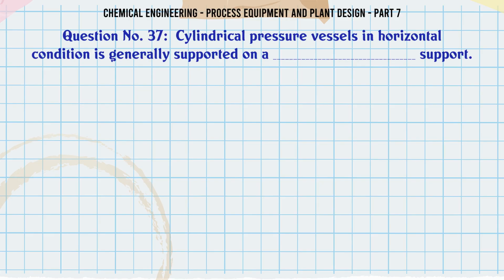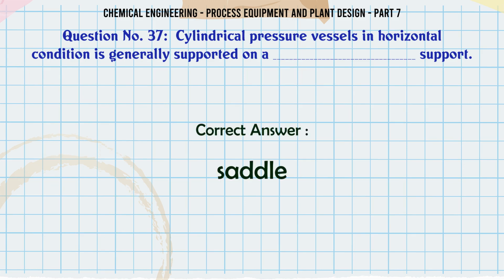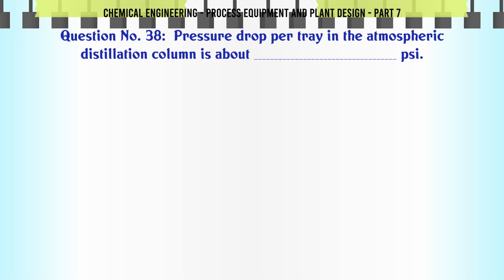Cylindrical pressure vessels in horizontal condition is generally supported on a support. A. Lock, B. Skirt, C. Saddle, D. Guy wire. The correct answer is saddle. Pressure drop per tray in the atmospheric distillation column is about psi.